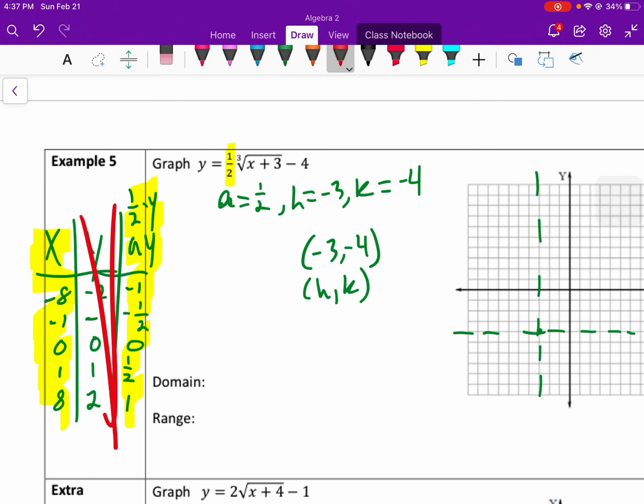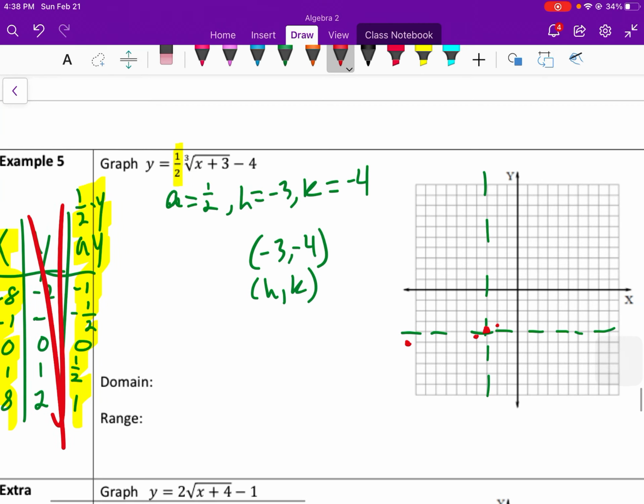So let's shift those from our new origin, -3, -4. So -8, -1 from the origin. 1, 2, 3, 4, 5, 6, 7, 8, -1, -1, -half, 0, 0 is a point, 1 half, and then 8, 1. 1, 2, 3, 4, 5, 6, 7, 8, 1.